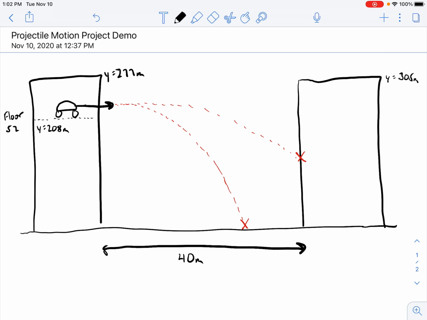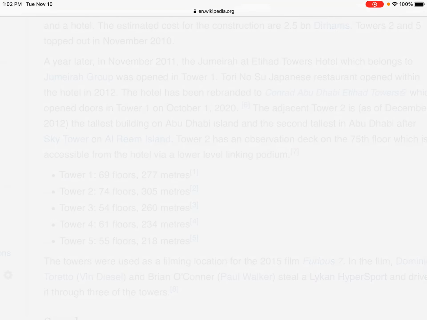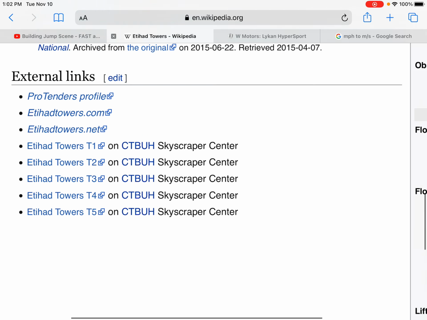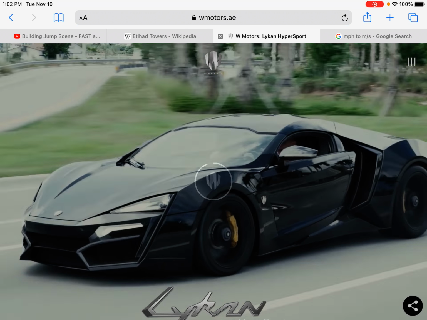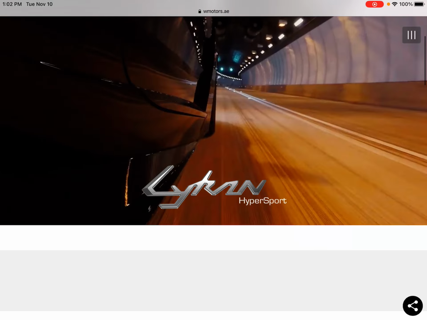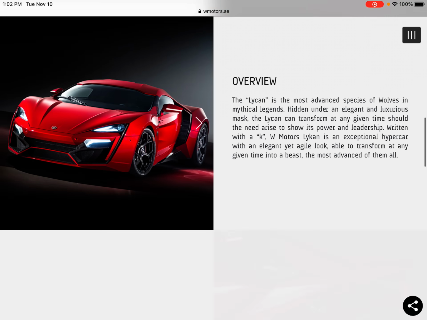The last thing we're going to want to do is figure out the speed at which our car is traveling. What we're dealing with here is the Lykan Hypersport. So I looked up information about this car, and at the very bottom of our page, we can find some specifications.